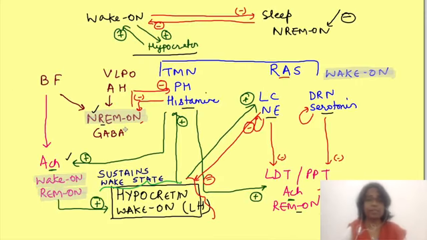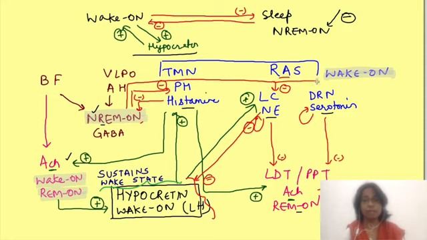Okay, let's go to the next level. How is a switch made from NREM to REM sleep? Remember that these NREM neurons inhibit all wake-on neurons. So even these serotonergic and norepinephrinergic neurons are inhibited. So as sleep progresses, NREM neurons exert more inhibition of these wake-on neurons in RAS, so that they no more inhibit REM neurons.